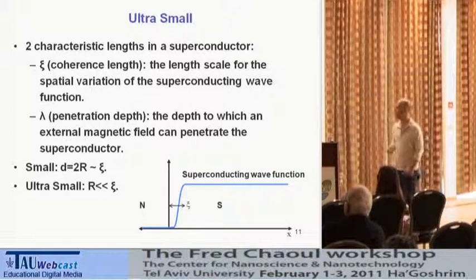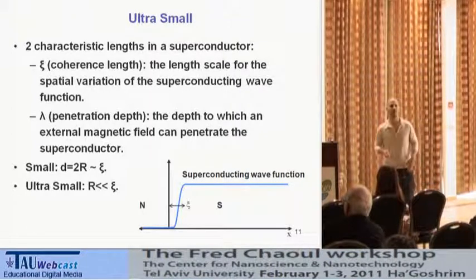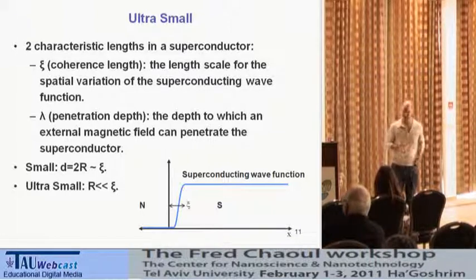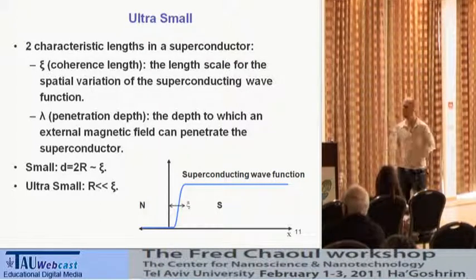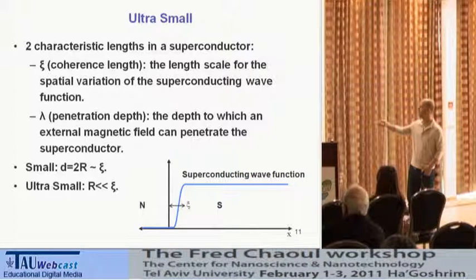The other one is the coherence length. The coherence length basically tells me the spatial variation over which I can change the superconducting wave function. So if I have superconductivity over here and I don't have superconductivity over here, I can't do it instantly. I need some kind of distance to do it over, and this is the coherence length.